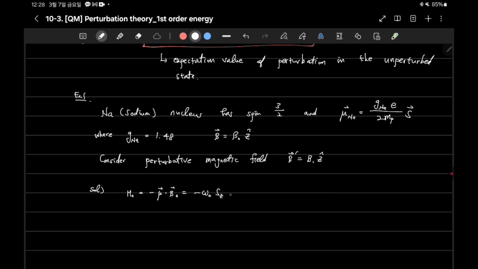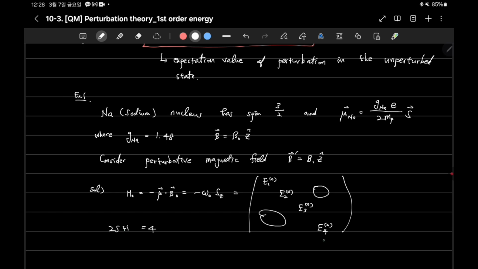Then the unperturbed Hamiltonian, minus mu dot B0, is minus omega 0 Sz. Then we already know that the energy eigenstates are E10, E20, E30, and E40, and it is diagonalized. Here, because the spin is 3/2 and the degeneracy is 2s plus 1, the degeneracy is 4.